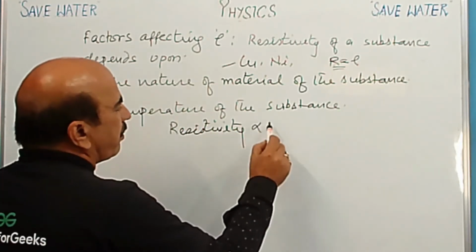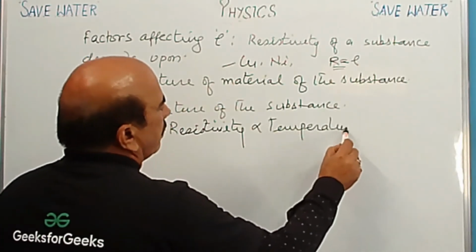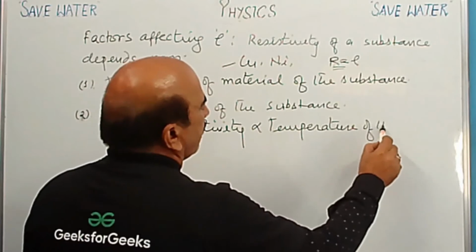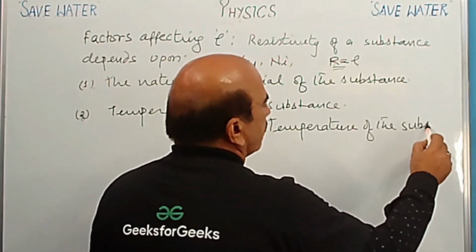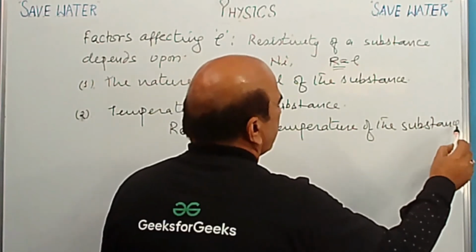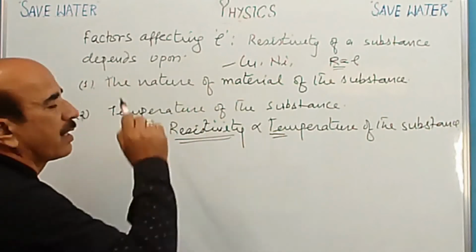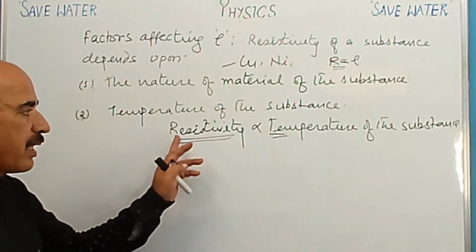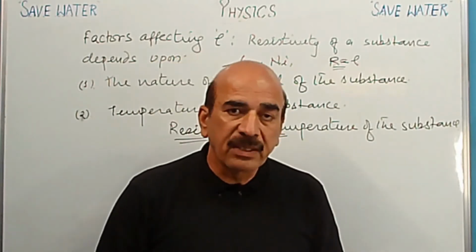It is directly proportional to temperature of the conductor or of the substance. So when temperature increases, resistivity also increases. Resistivity is directly proportional to the increase in temperature of the substance.